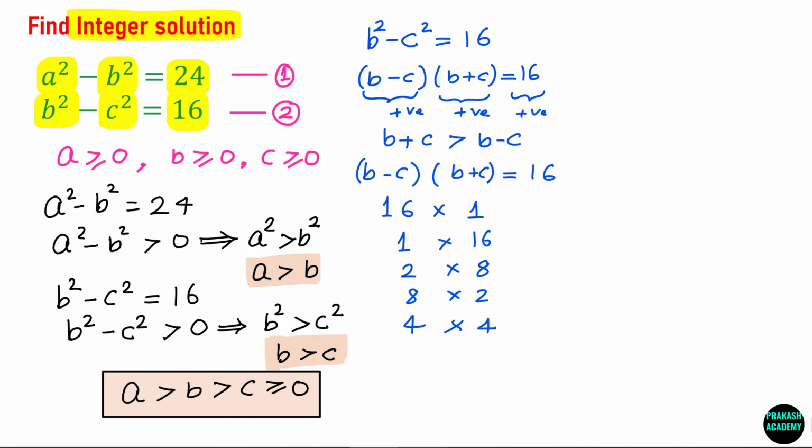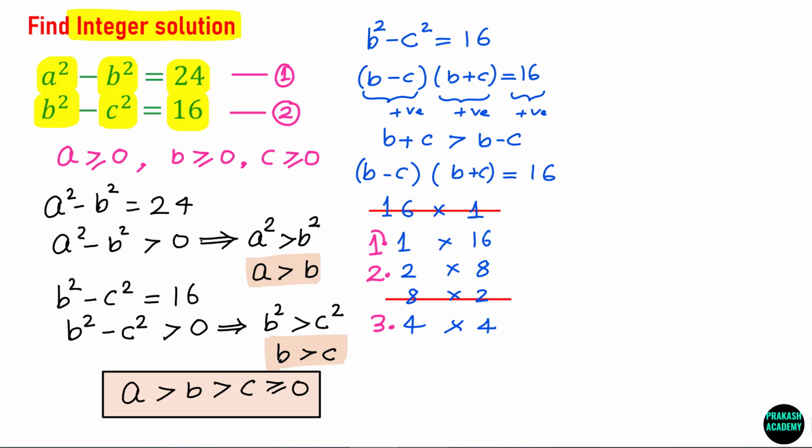Since b minus c is smaller, the case where b minus c is 16 and b plus c is 1 is not possible. Similarly, b minus c is 8 but b plus c is only 2, which is also not possible. So now I will have only 3 possibilities.